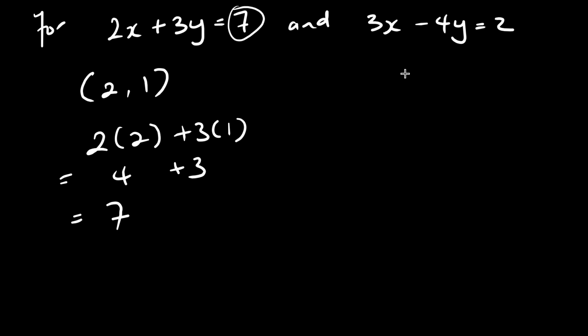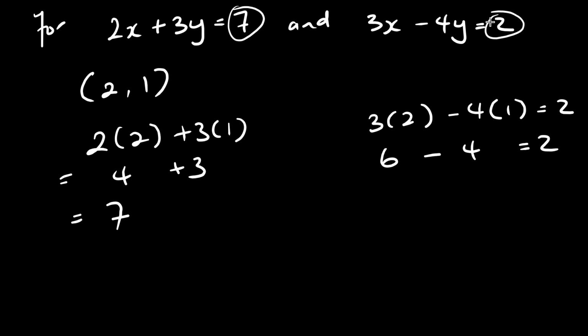That works. And in this case, we'll have 3 times 2 minus 4 times 1 is equal to 2. 3 times 2, 6, minus 4 is indeed equal to 2. And we're good to go. So we've proven this to be the case. This works. This has been solved using elimination.